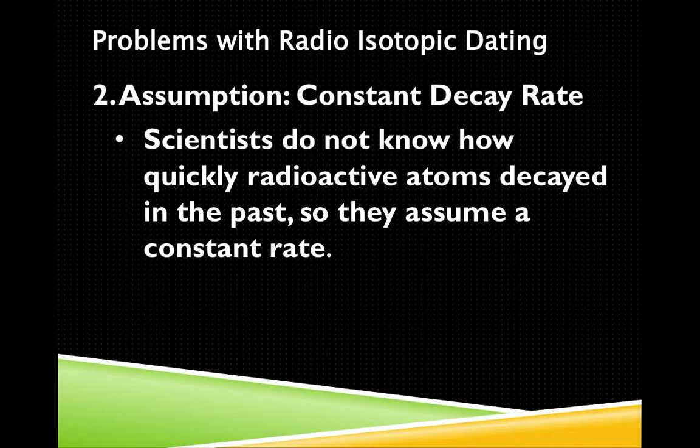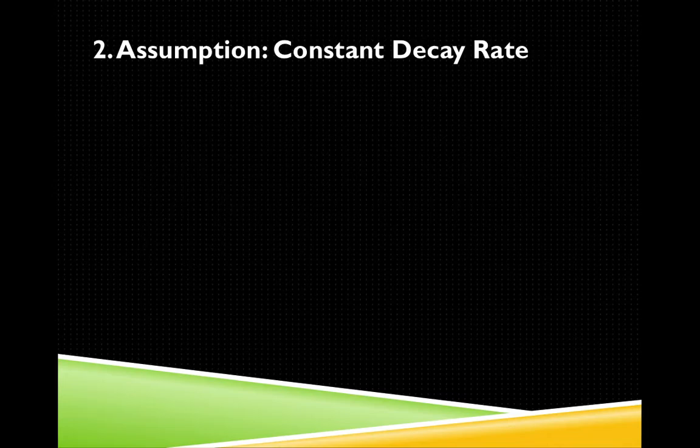Now, to me, of all these problems, this is the one that I find hardest to challenge for myself, because I can't imagine why they would have decayed at a faster rate in the past. But yet there is evidence that they have decayed at a faster rate in the past than what they do today. So let me give you this example here.